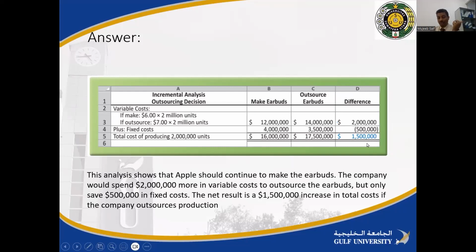So the net difference will be 1,500,000. So what is the decision now? See here, total cost for making these units inside the organization is 16 million. Total cost if you want to purchase this unit from outside will be 17,500,000. That means making these units inside the organization is better than purchasing outside.